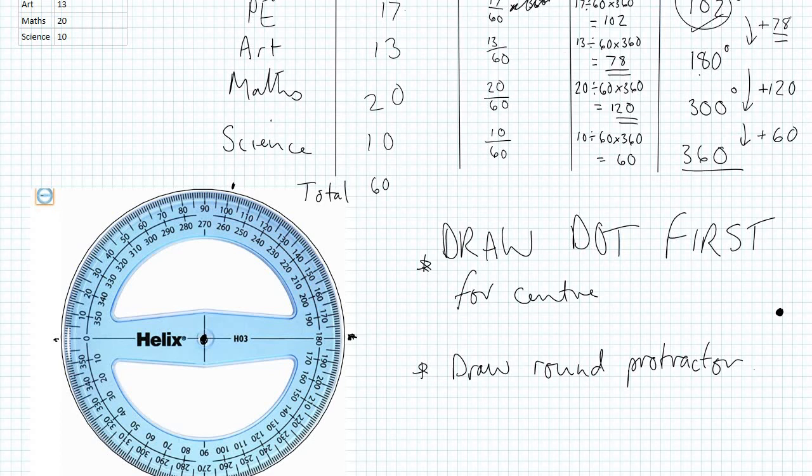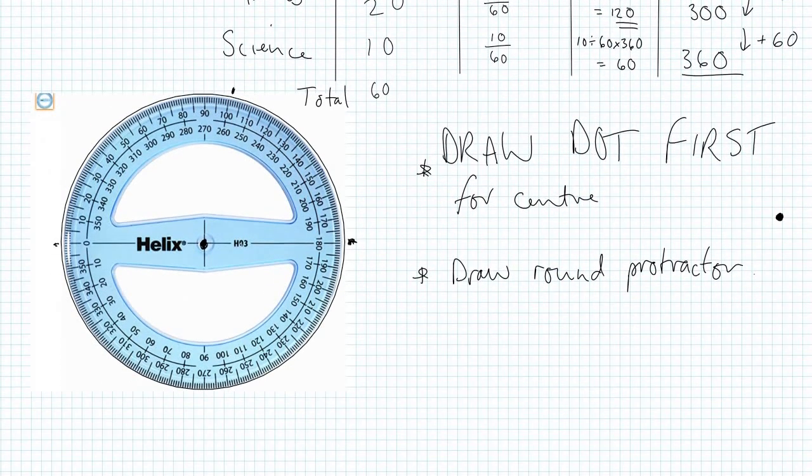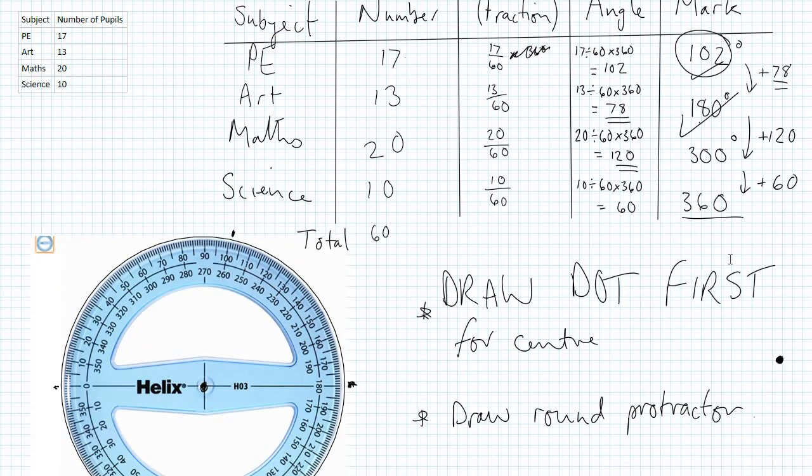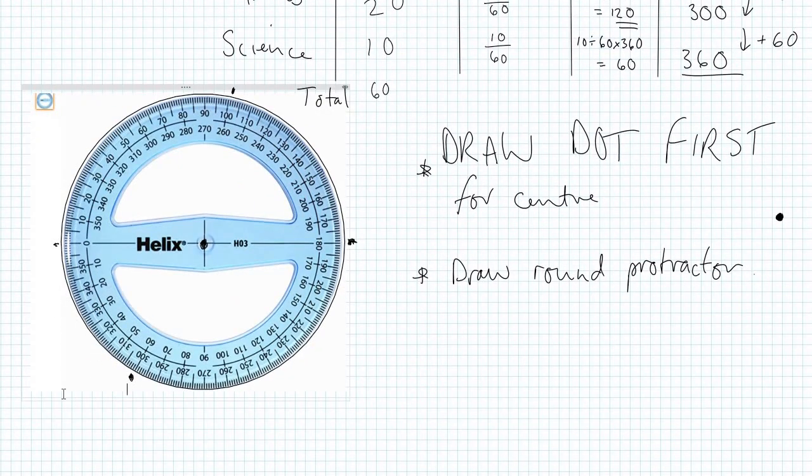My next point that I need to mark is 300. So I'm going to just keep counting round clockwise. 190, 200, there's 250, 300 is there. And then my last one to mark is 360, which is me back round to 0.